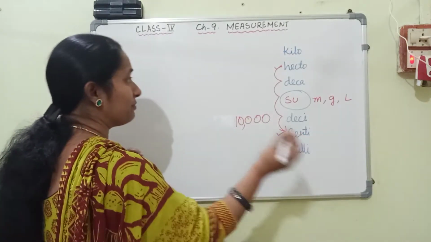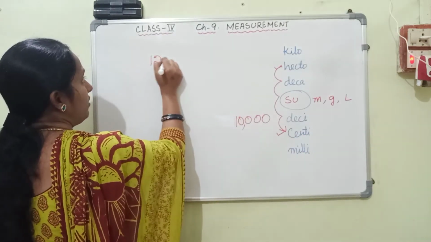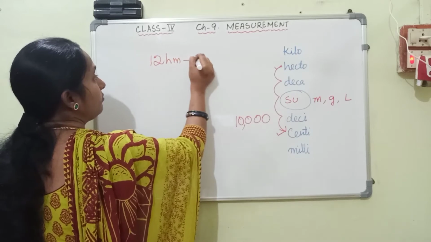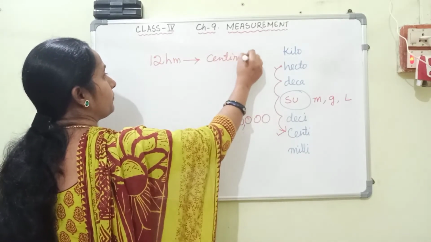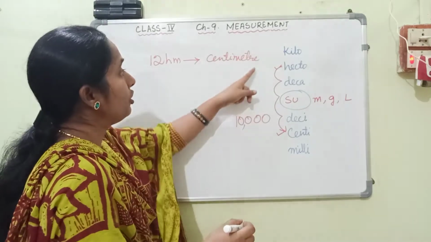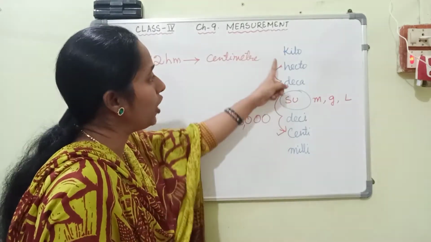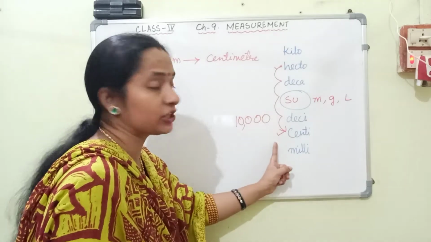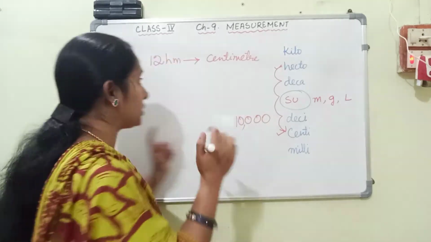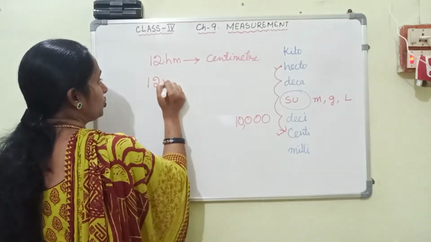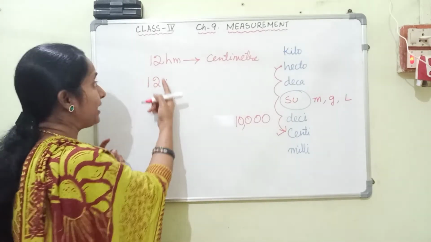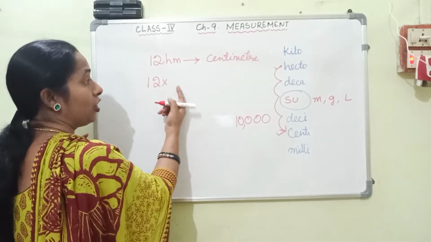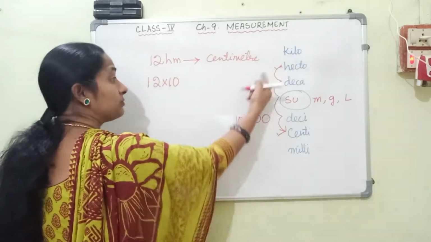Let me give you an example. Suppose I am converting 12 hectometer to centimeter. From hecto to centi, how many steps am I skipping? I am skipping 4 steps. This means when I want to convert, I have to multiply the value of the measurement by 10 as many times as the steps I am skipping.